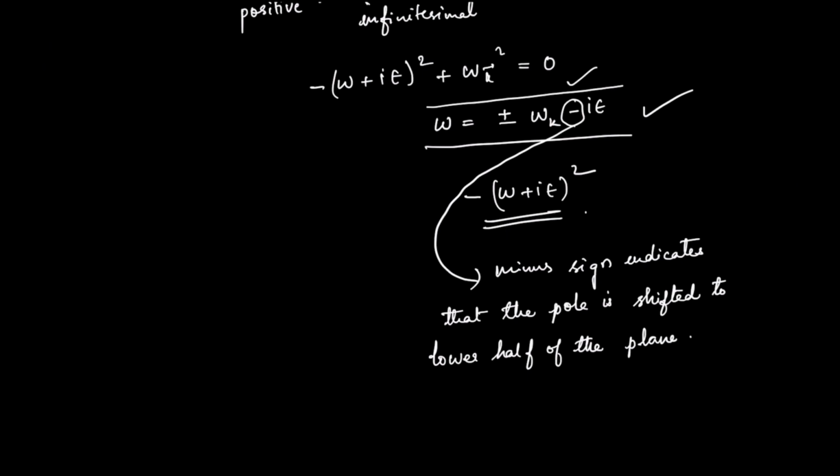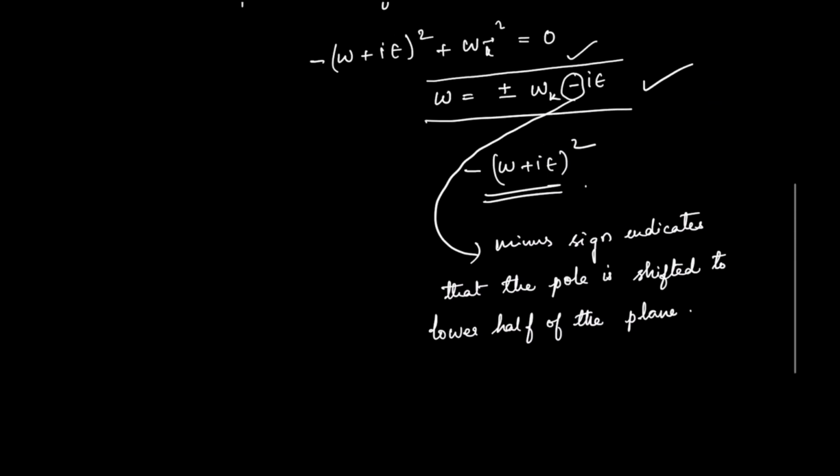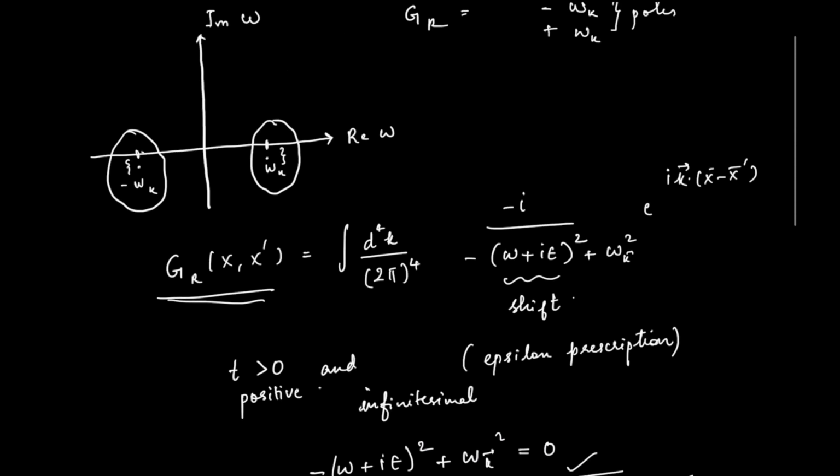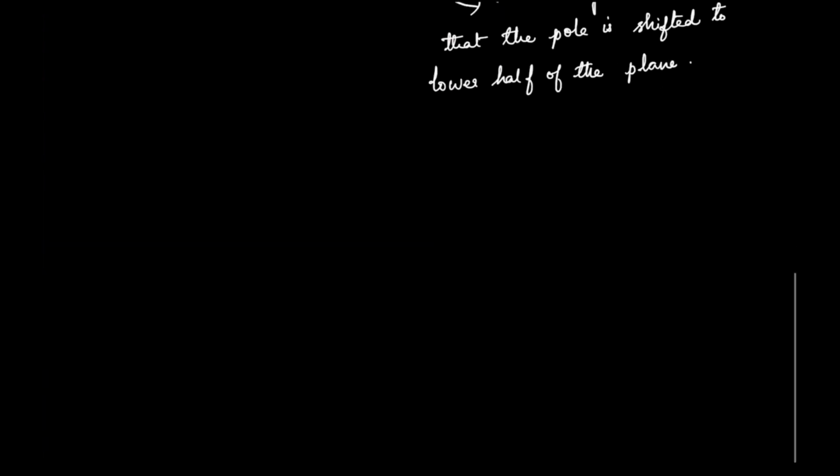Similarly, for the advanced Green's function, we have to subtract i epsilon from omega. Here I have added i epsilon, so this is for the retarded Green's function. For the advanced Green's function, I'm not writing the other terms, I have to write (omega minus i epsilon) whole squared plus omega_k squared.